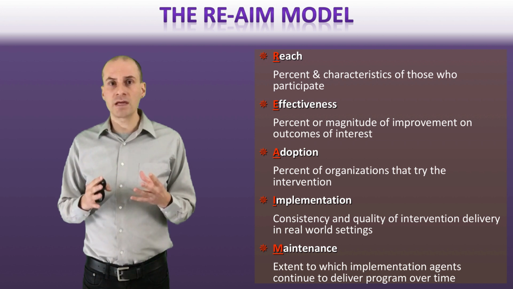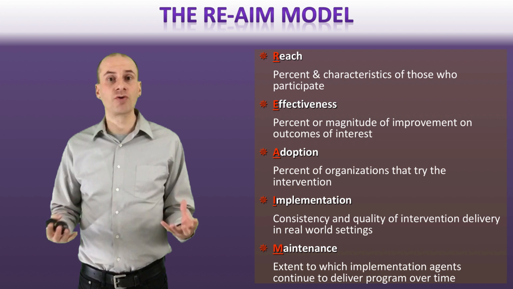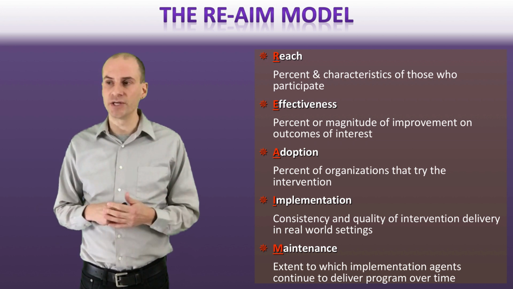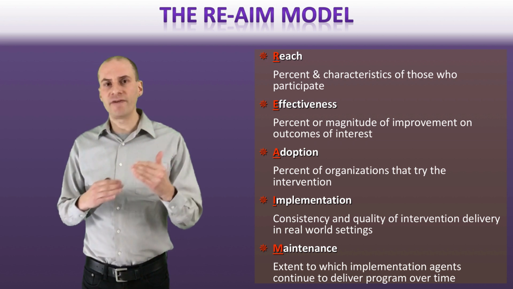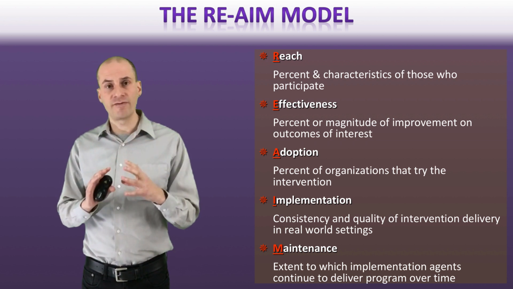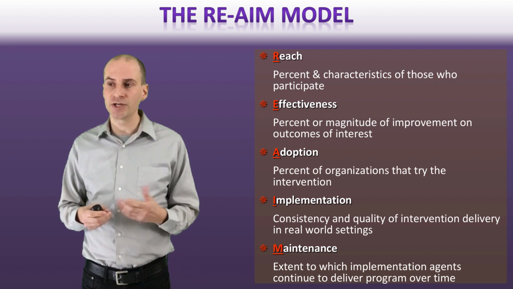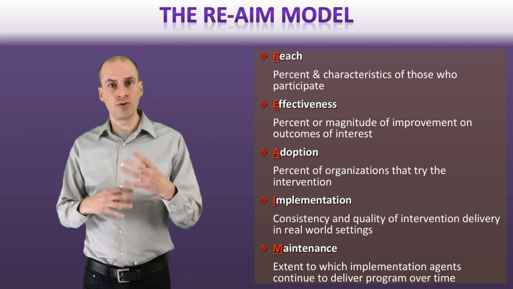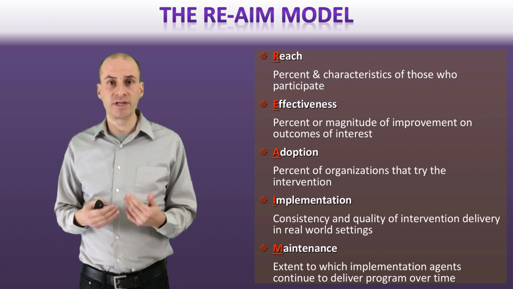But the key point here is that you want this intervention to be effective in the general public, for the general public in the real world situations. So these two things, reach and effectiveness, are really focusing on how the intervention interacts with individuals, with people that are targets of your population. But there's another set of components to having intervention be useful, which are also important to consider.